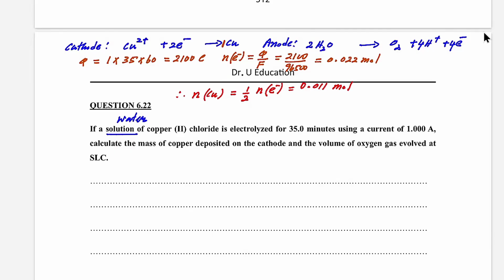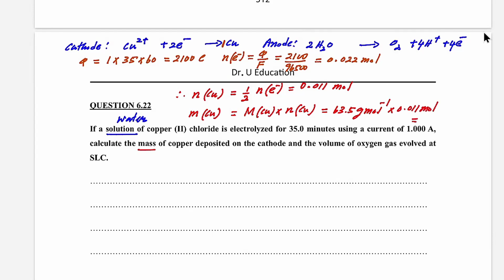Okay. So now you need to find the mass. So mass of copper is equal to molar mass of copper multiplied by number of copper moles. So molar mass is how much? 63.5 grams per mole, multiplied by 0.011 moles.